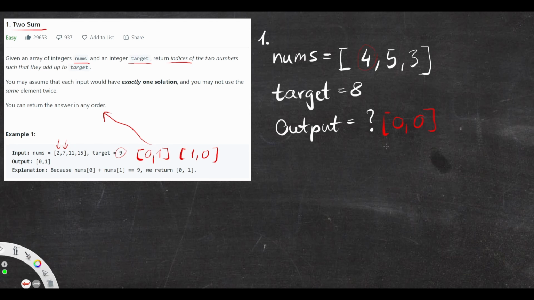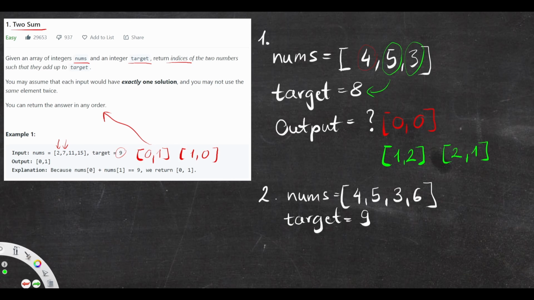So what is a valid solution in this case? Since I cannot take 4 twice, I can take the two other elements, 5 and 3. They also add up to 8, and they are different numbers.